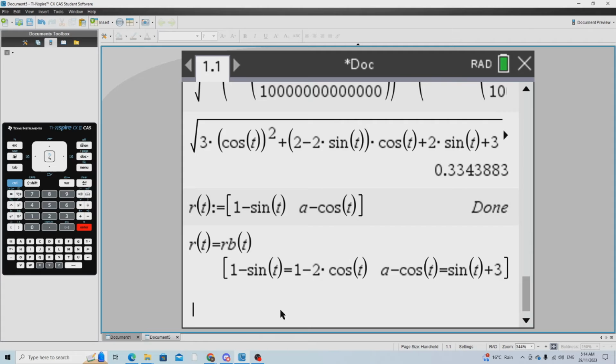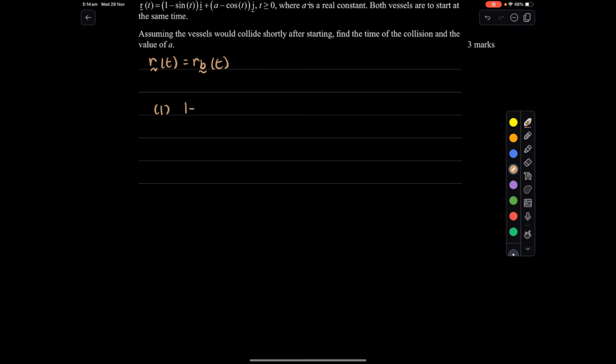Let's write them down. So equation 1 is 1 minus sine t is equal to 1 minus 2 cos t. And your second equation is a minus cos t equals sine t plus 3, and we just use our simultaneous equations.